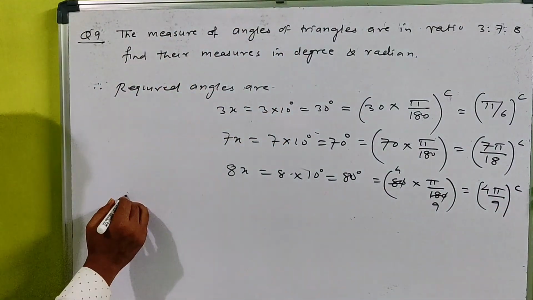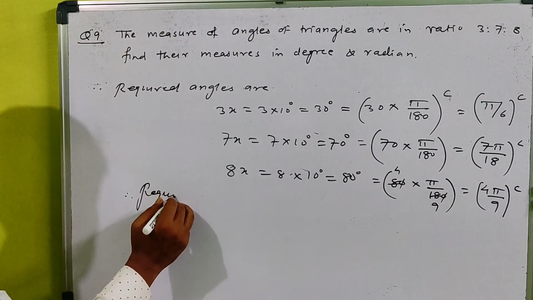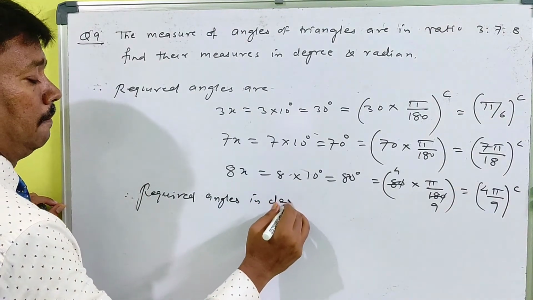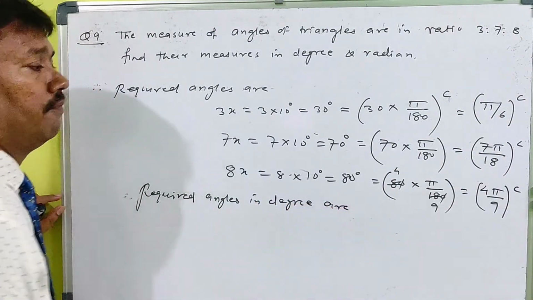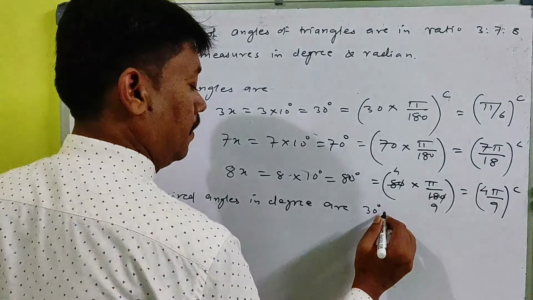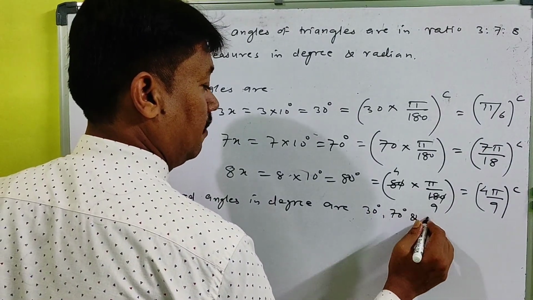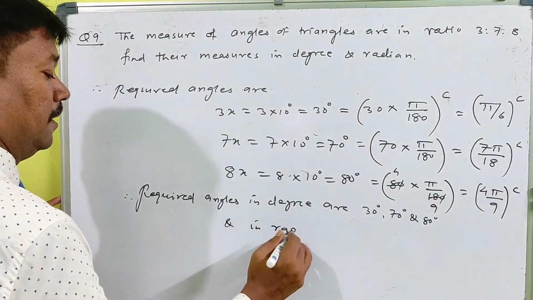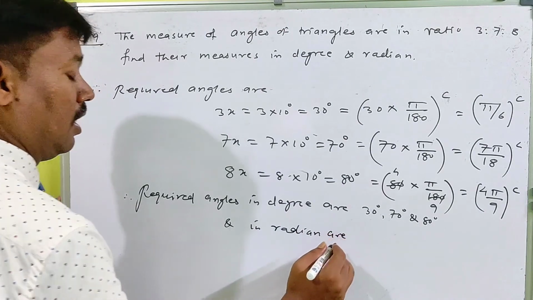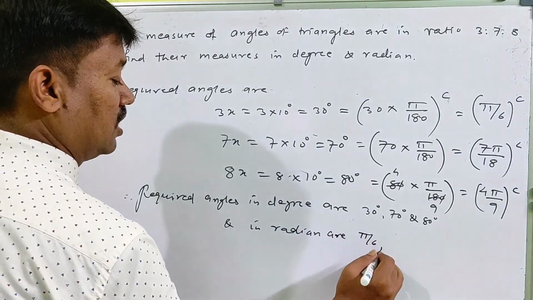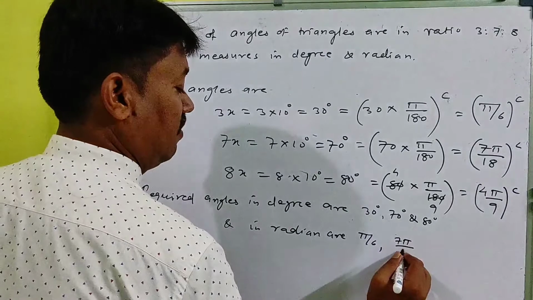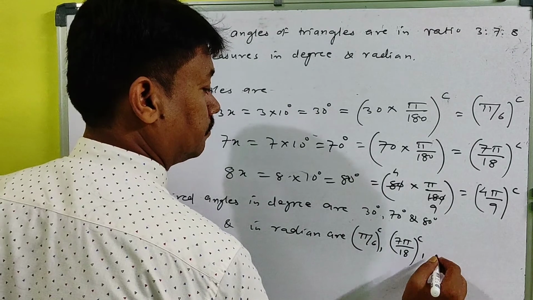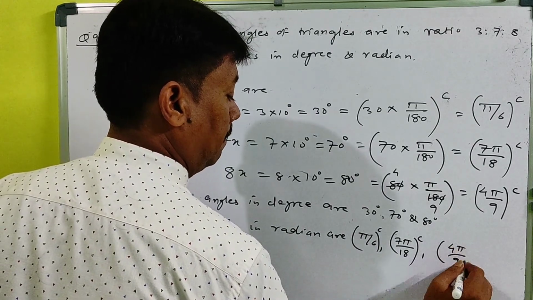Therefore, what is the answer? Therefore, the required angles in degree are 30, 70 and 80, and in radian are pi by 6, 7 pi by 18, 4 pi by 9, like this.